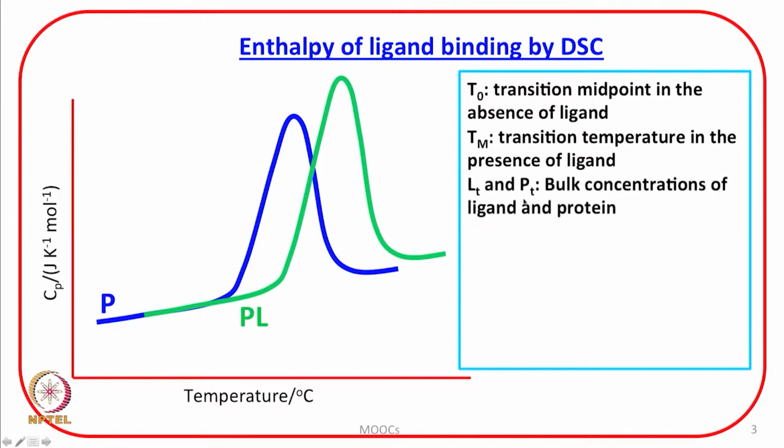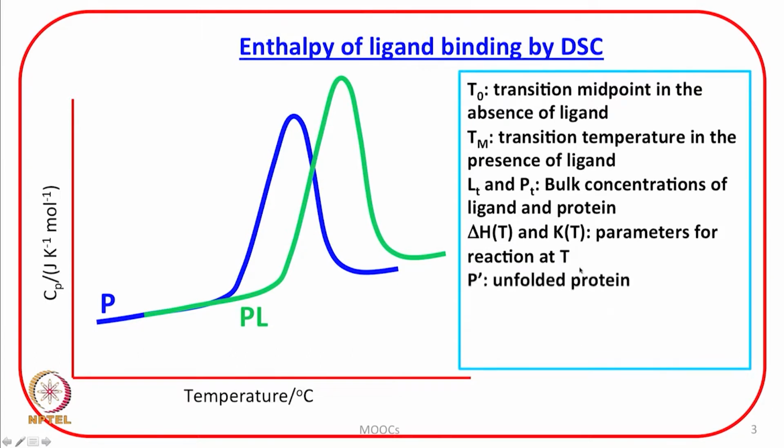Lt and Pt, the bulk concentrations of ligand and protein. These are the total concentrations of ligand and protein taken in the study. Delta Ht and Kt we will refer to parameters for the reaction at the general temperature T. And prime we will use for the unfolded state.